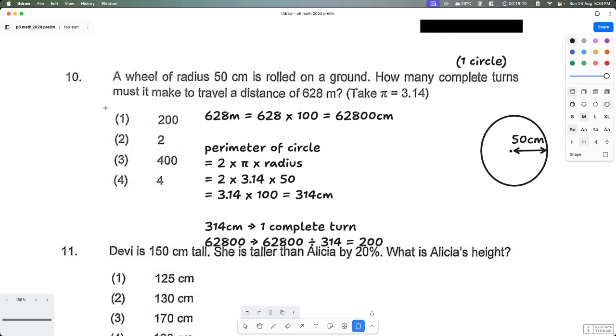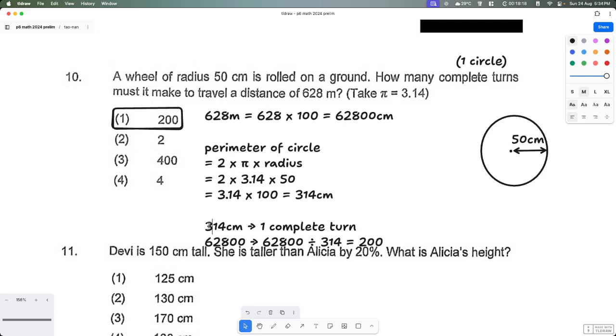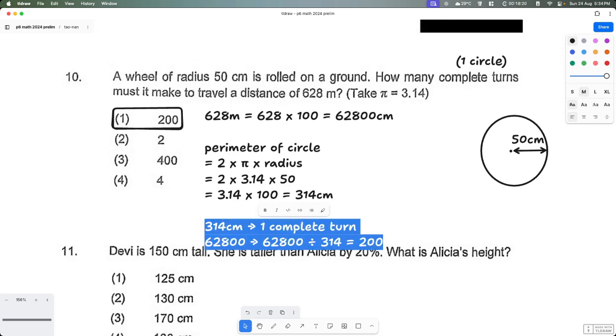So question number 10 is option number 1. All right, okay, so that's about it. Let's move to question number 11.